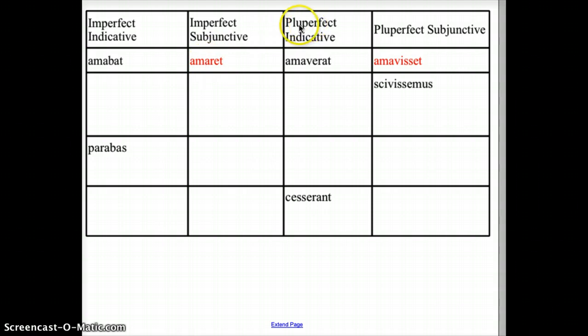In here, you have the pluperfect indicative, amaverat. And here, our new form, the pluperfect subjunctive, amavisset. And you can see these various forms here that are missing their counterparts in the other columns. So take a minute if you need to, pause the video, and complete this chart.